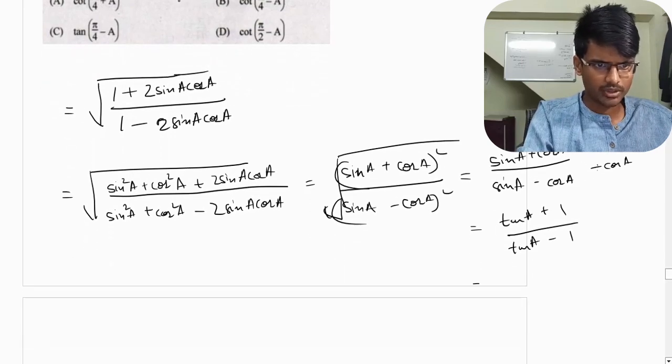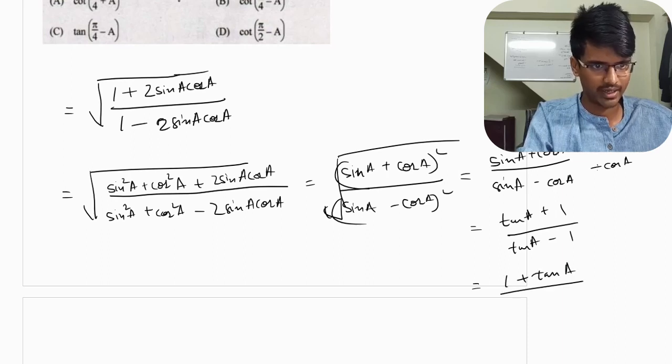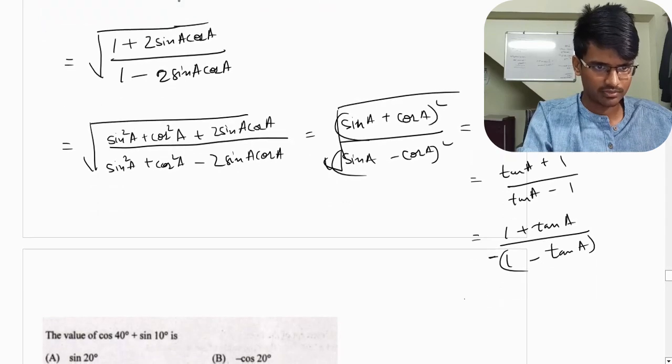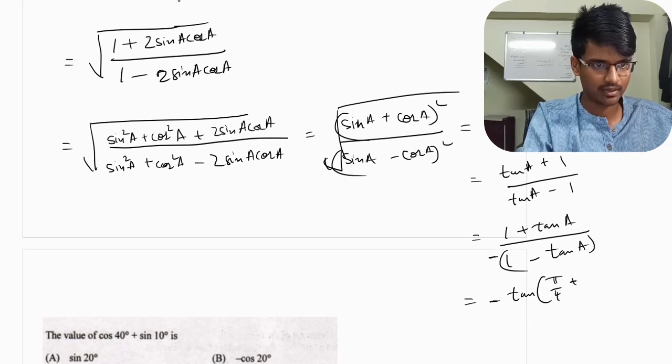I'll just rearrange the terms; you'll come to know why I did that. 1 minus tan A, so here I'll take minus common. It is the same thing. Now just observe, this is nothing but minus of tan of pi by 4 plus A.